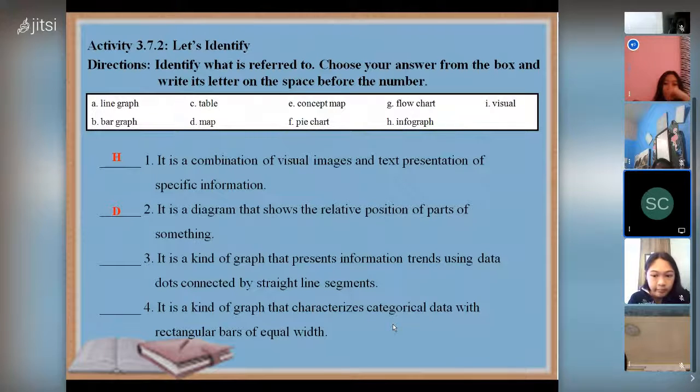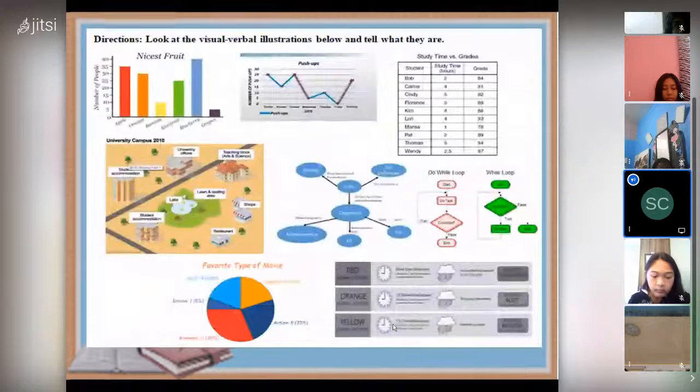Straight lines. Line graph. Okay. Line graph. Now, does a line graph tell a trend? By the way, you don't know what a trend is yet, right? So what do we mean by trend?